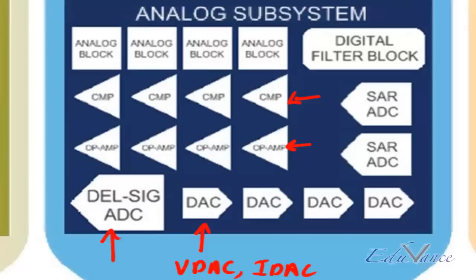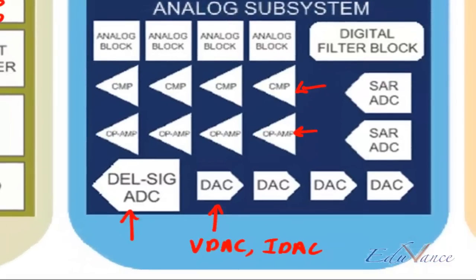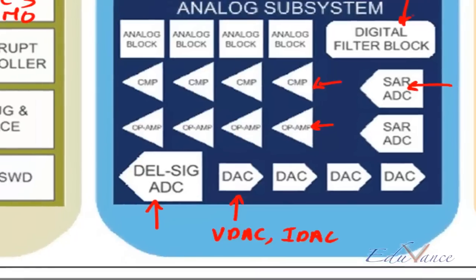Then you have a programmable ADC, you have programmable DACs. You have 2 types of ADCs, a delta sigma ADC and a successive approximation register ADC, or a SAR ADC. You can also make a digital filter block.